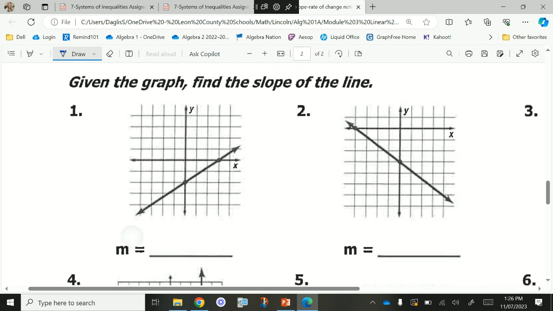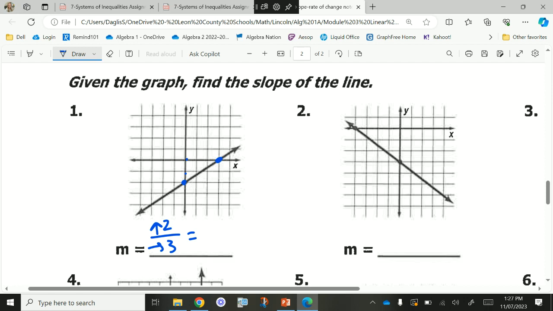All right, so given the graph, find the slope of the line. It is giving me 2 points between here and here. What are we looking for? Rise over run or run over rise? Rise over run. Okay, so how did the points rise? It went up 2, and then it went to the right 3. Are any of those going to give me a negative number?